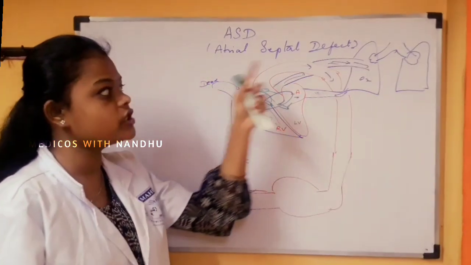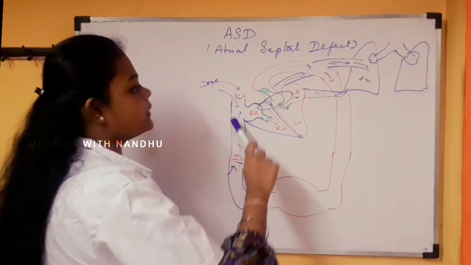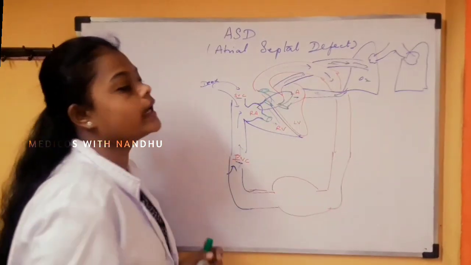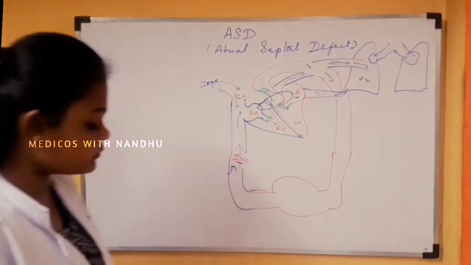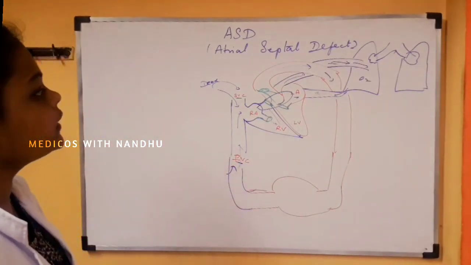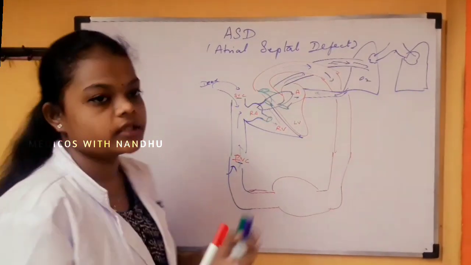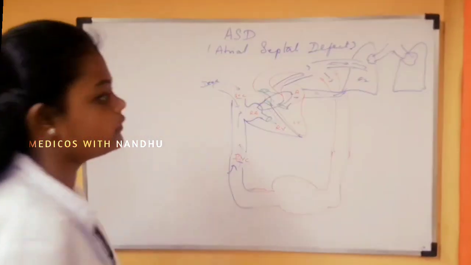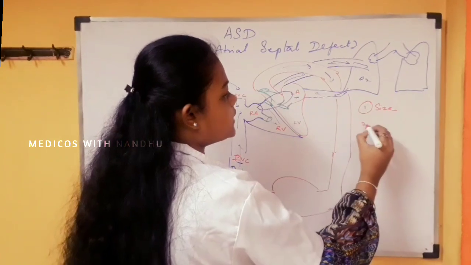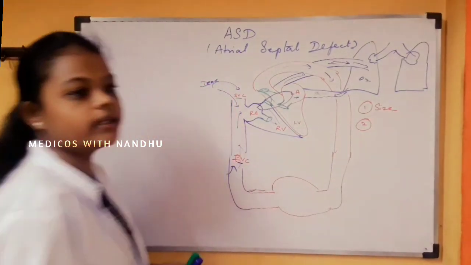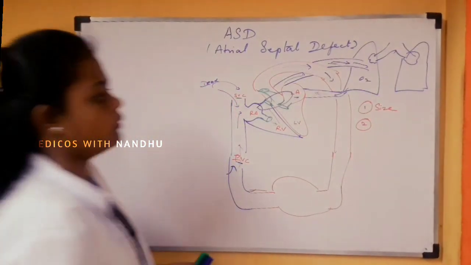So this is atrial septal defect: the septal defect on the atrial side, hence it is known as atrial septal defect. And as I have said, the size of the shunt depends on the size of the defect.